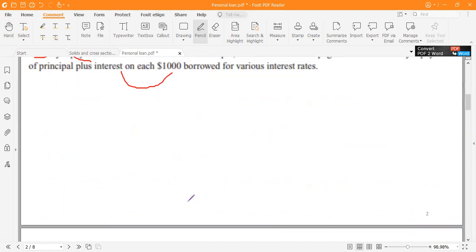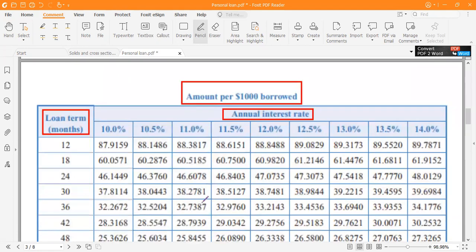So we will see and give this table. We have a standard table of the amount per $1,000 borrowed with various annual interest rates and for different loan terms in months.